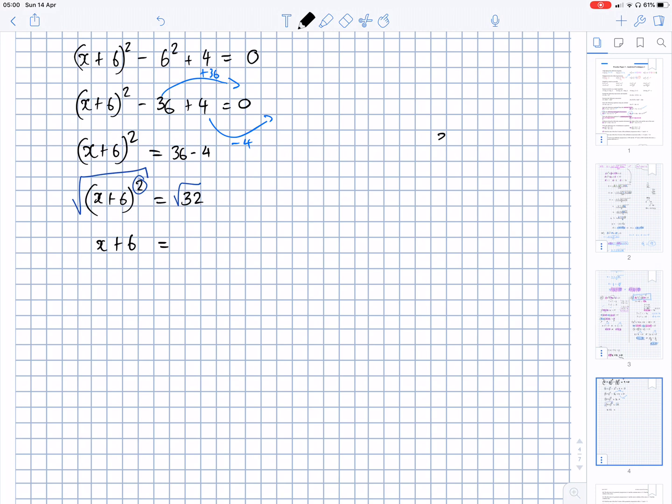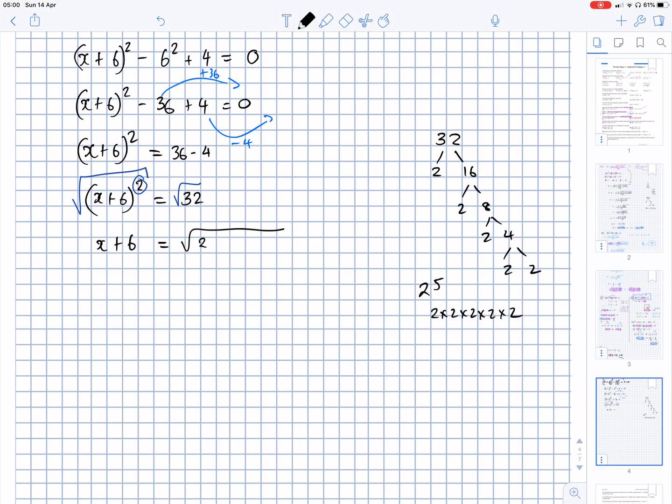Now with 32, again, you can find the factors of 32, which is 2 and 16. And for 16 is 2 and 8. And for 8 is 2 and 4. And for 4 is 2 and 2, which means this is the same as 2 to the power 5, or just 2 times 2 times 2 times 2 times 2.